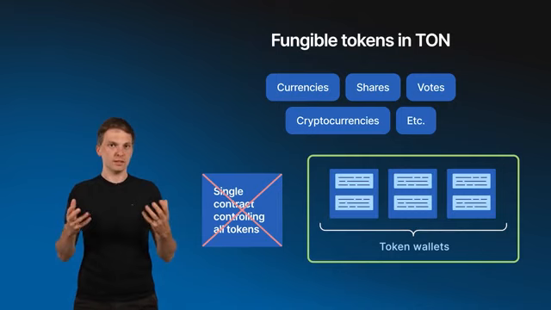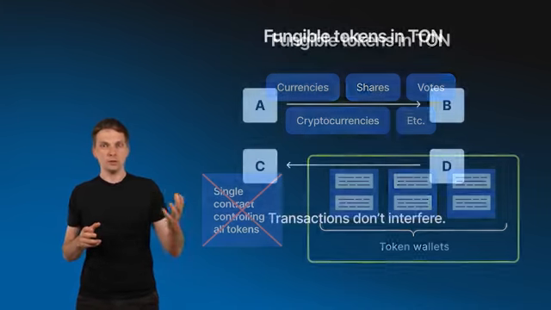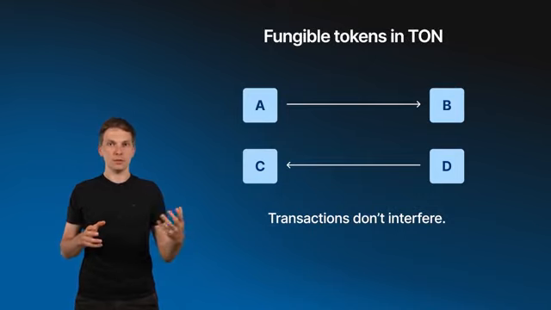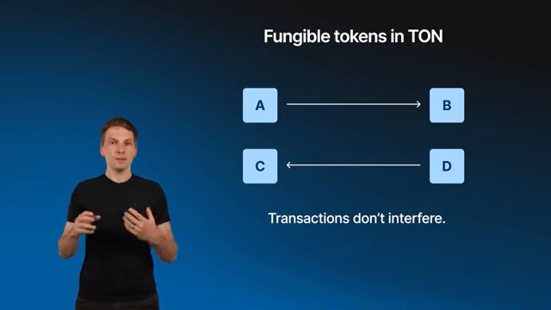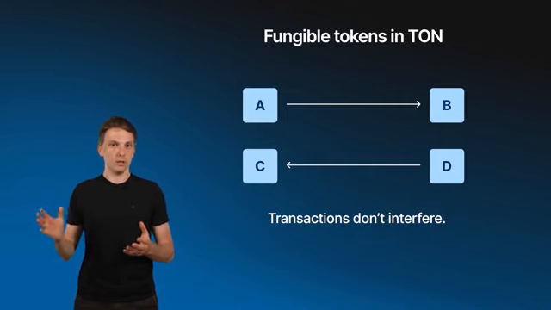So what does the scalability of tokens mean? It means that while two users are making a transfer of one token between themselves, this transfer doesn't interfere with the transactions of some other two users who are doing the transfer of the same tokens on some other end of the network.